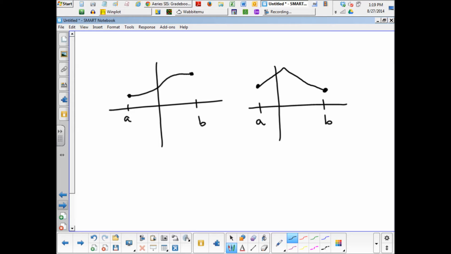Well, it's continuous because, let's say we talk about a point C somewhere in between A and B. And yes, in calculus we always put C between A and B. It's not quite alphabetical, but it seems like that's what all the books do. Let's say you want to talk about this point right here.